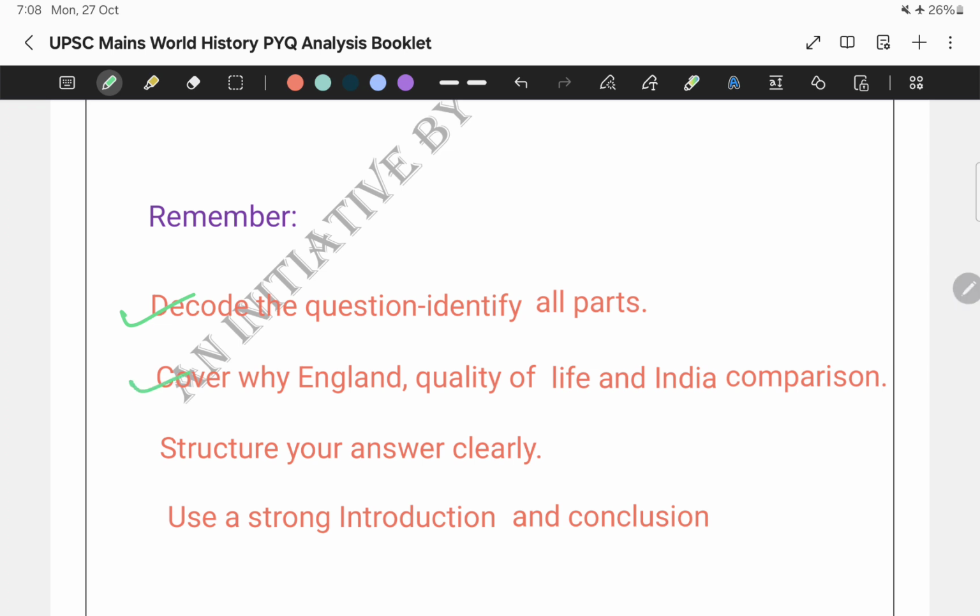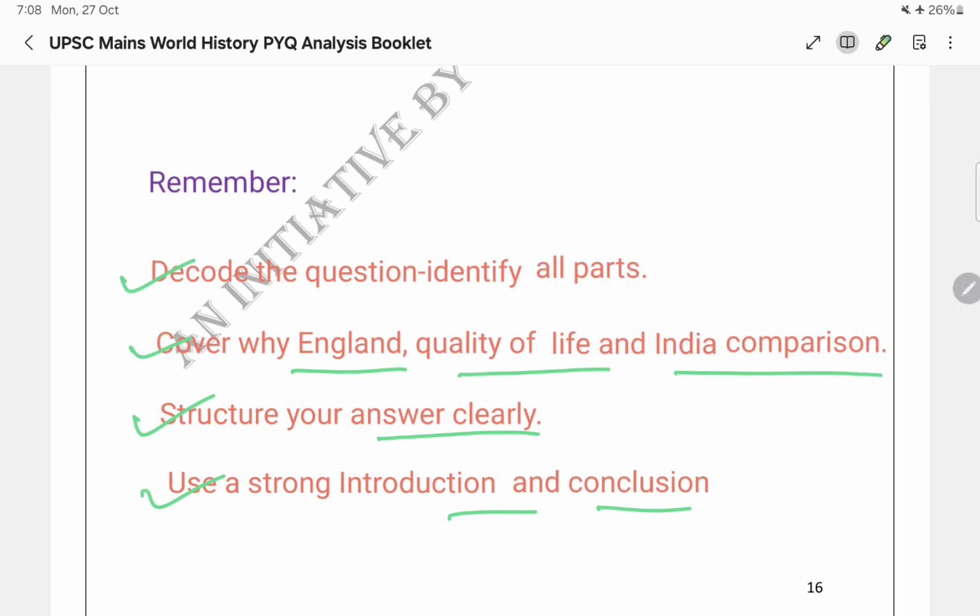Second, cover why England, quality of life and India comparison. That is all the three parts. Structure your answer clearly, the same thing we have discussed previously, and use a strong introduction and conclusion. This particular approach works for any multi-part question in UPSC. So I hope you understood both the questions.